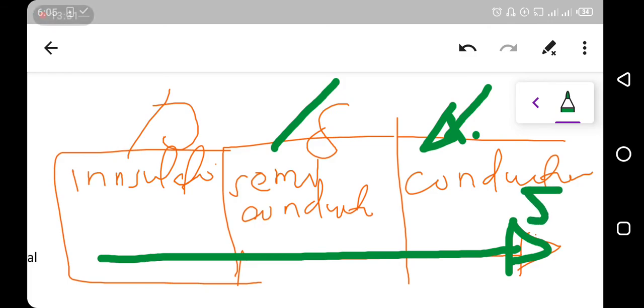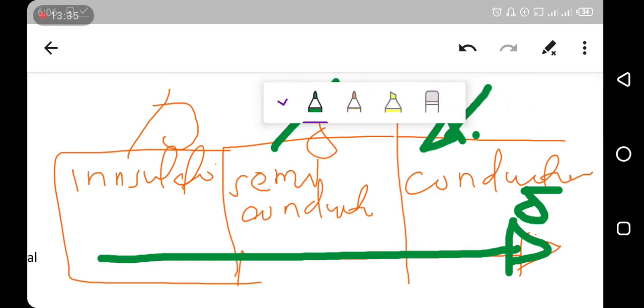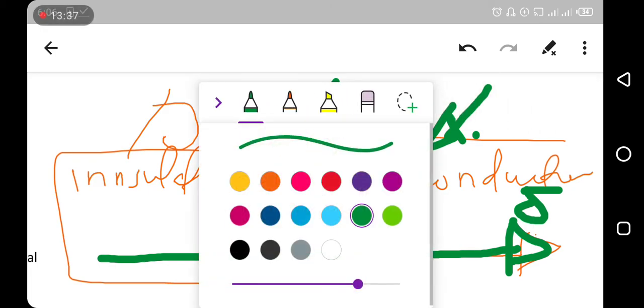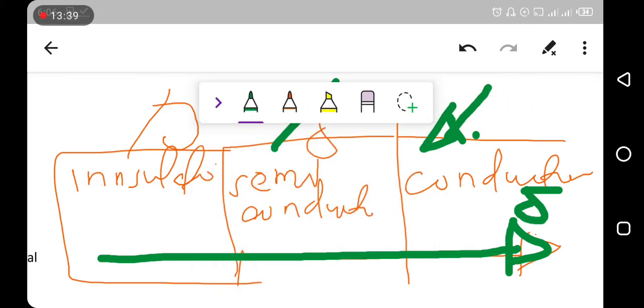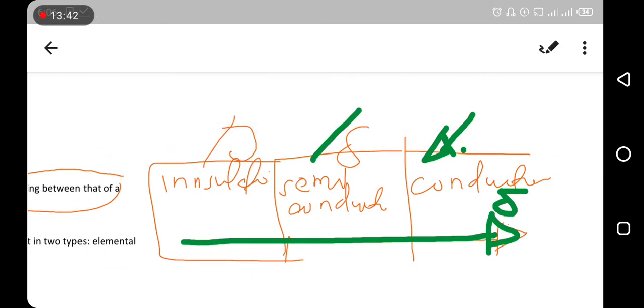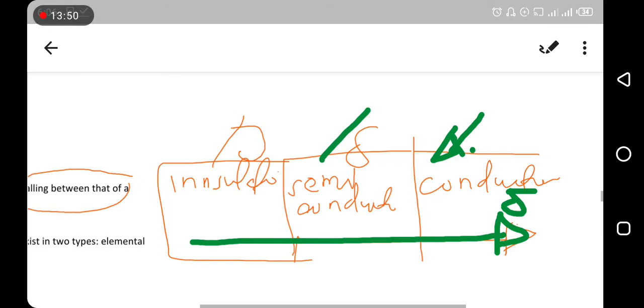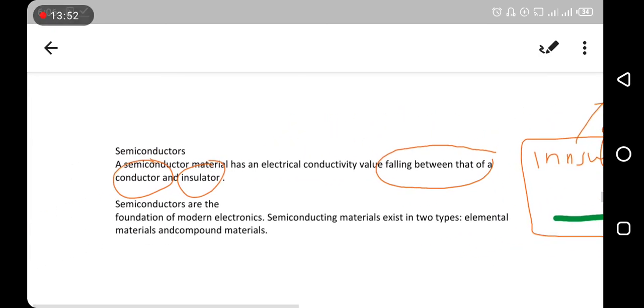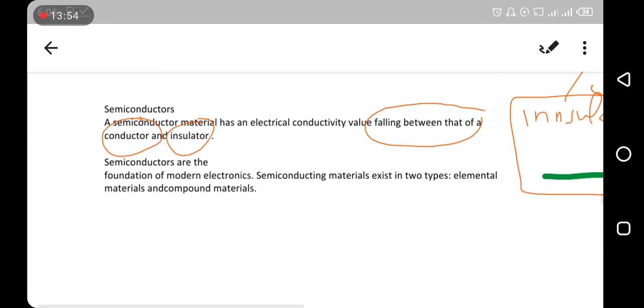The symbol is sigma for electrical conductivity. So those are the semiconductors. The electrical conductivity is in between the conductor and the insulator. Kwa hiyo electrical conductivity ya semiconductor ipo katikati ya insulator na conductors.